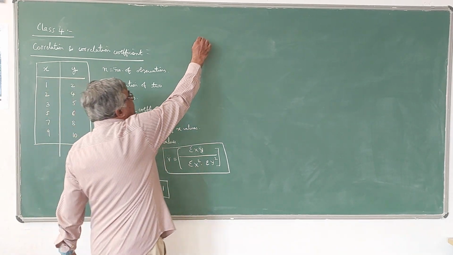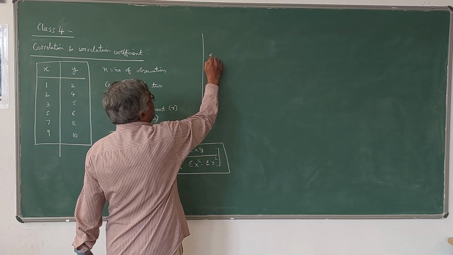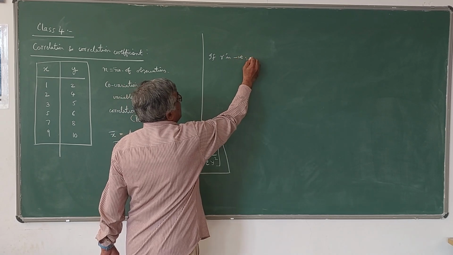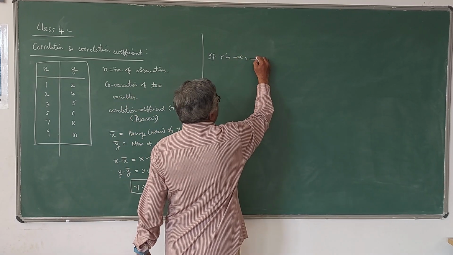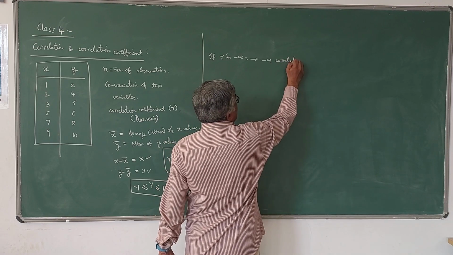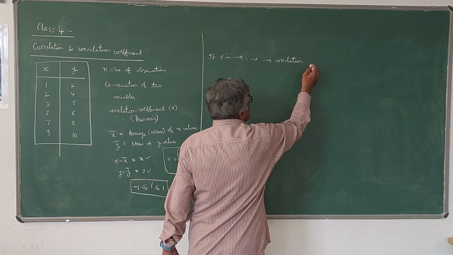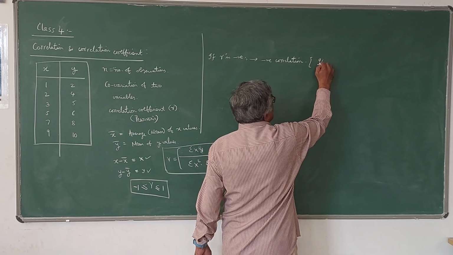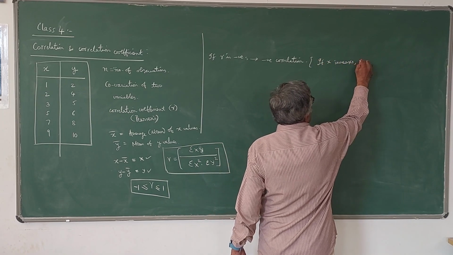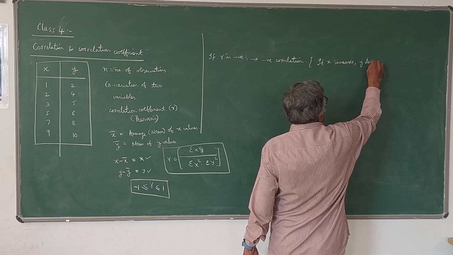If r is negative, it indicates negative correlation. Negative correlation means if x increases, y decreases, and vice versa.